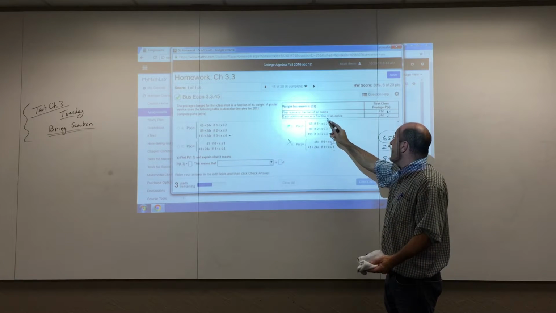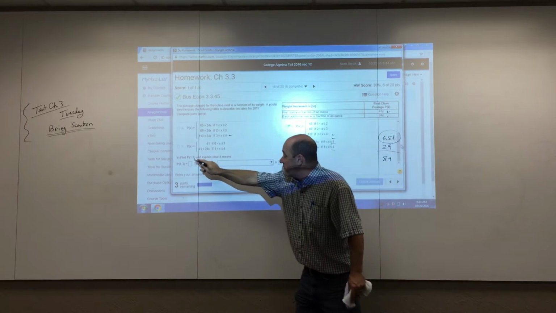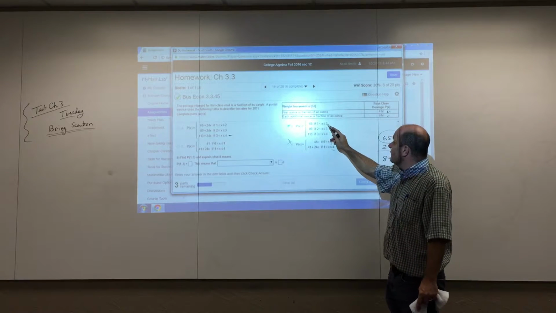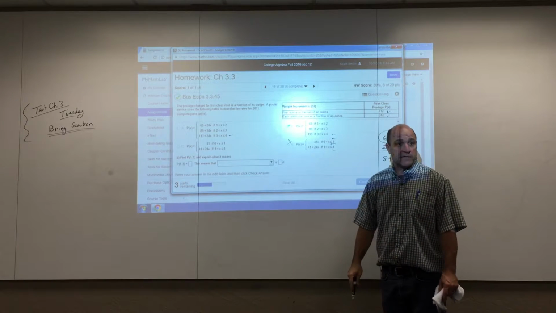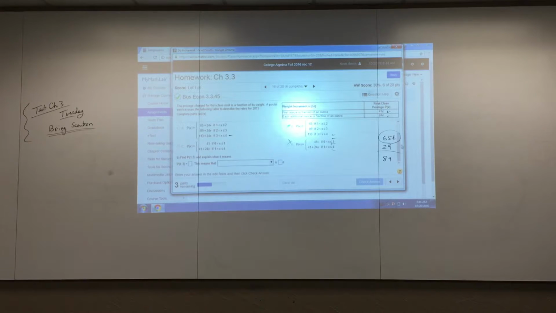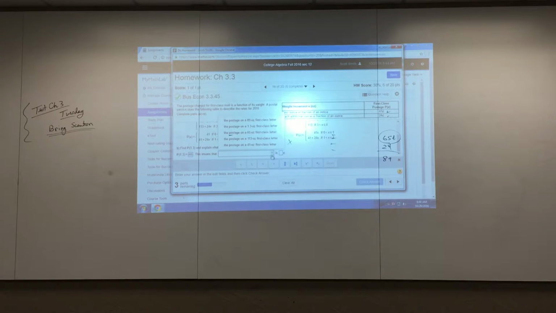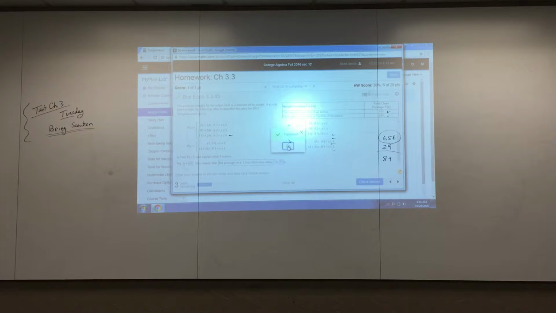So if it's between 1 and 2, the answer is it costs me 65 cents. And it means what? It means the postage on a 1.3 ounce letter is 65 cents. Yeah, cool.